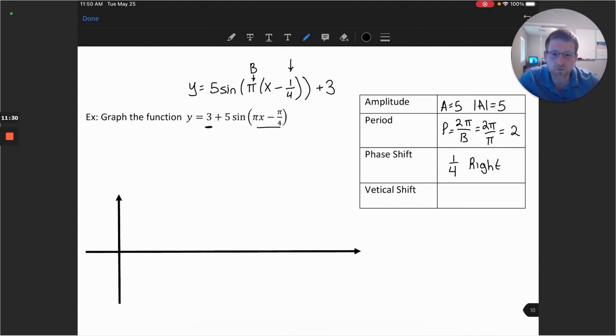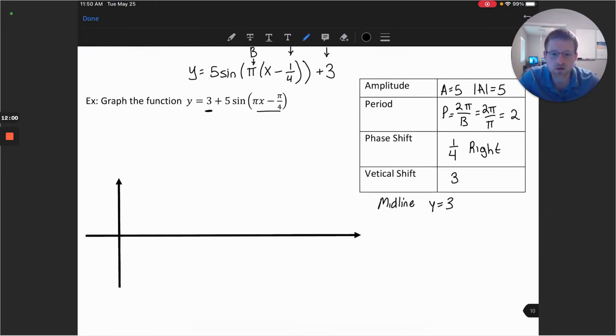And then again, we have a vertical shift here. That's the D value. And that would be 3, making the midline y equals 3. So our midline is shifted up 3 units. All right, so we've collected all of the information that's necessary for this problem. Now we just want to apply it with a sketch.